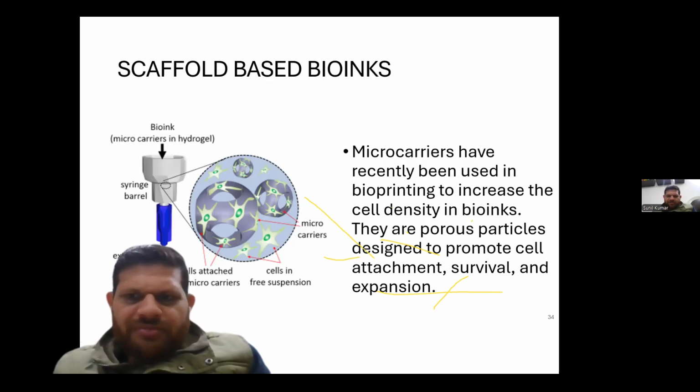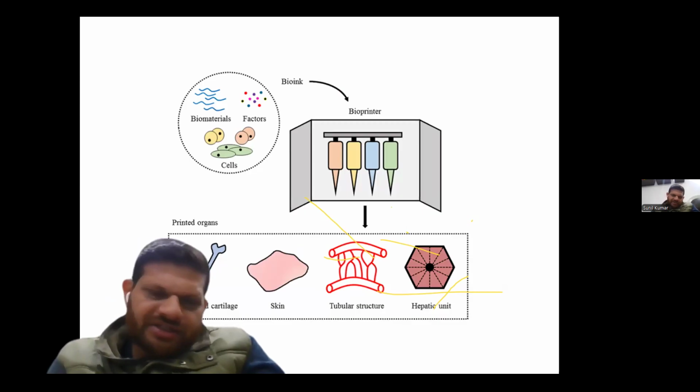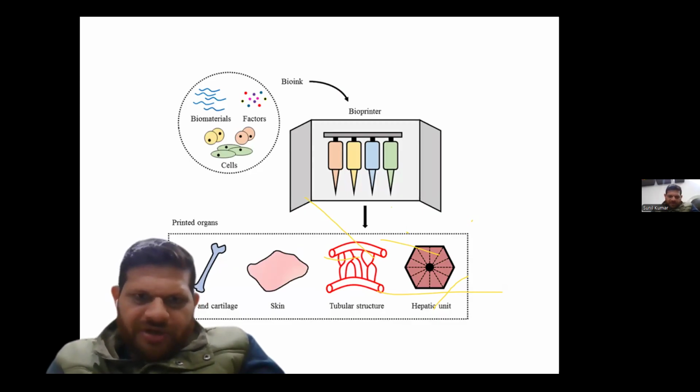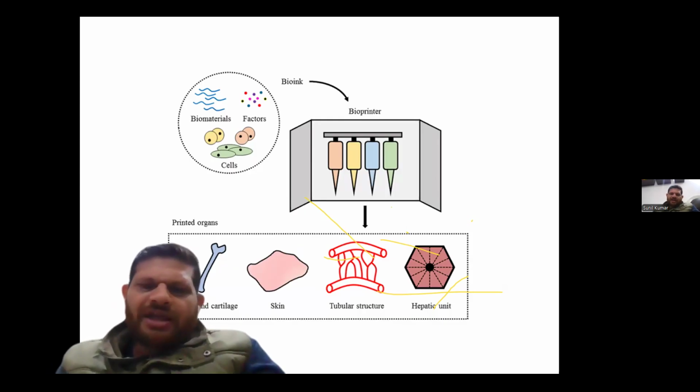They are porous particles designed to promote cell attachment and expansion. So we have biomaterials, cells, and then factors. By deciding what type of print we want, whether bones, cartilage, skin, tubular structures or hepatic units, we mix these biomaterials, cells, and factors and store them in the bioprinters to print these parts.